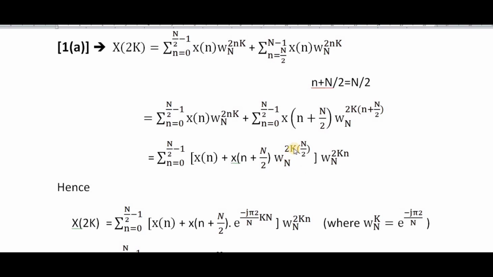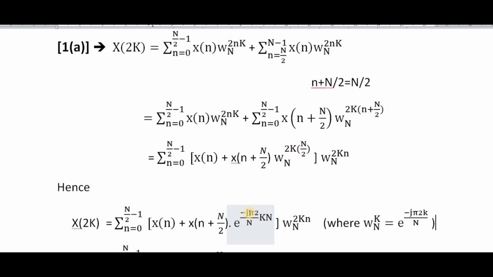W_N of k is written as e power minus j 2 pi k by N. These two get cancelled out, and e power minus j 2 pi is 0.